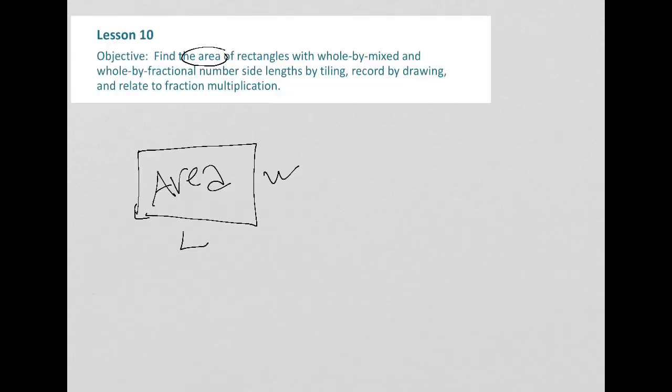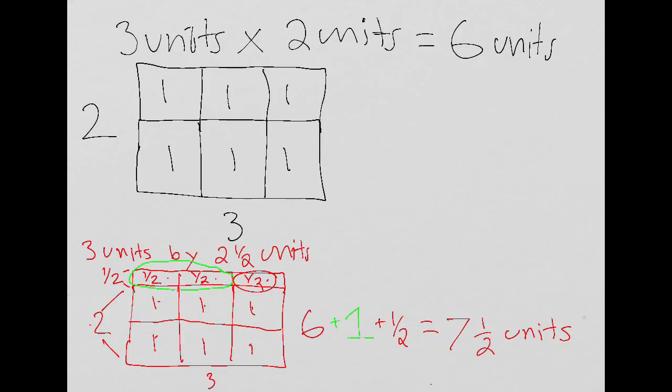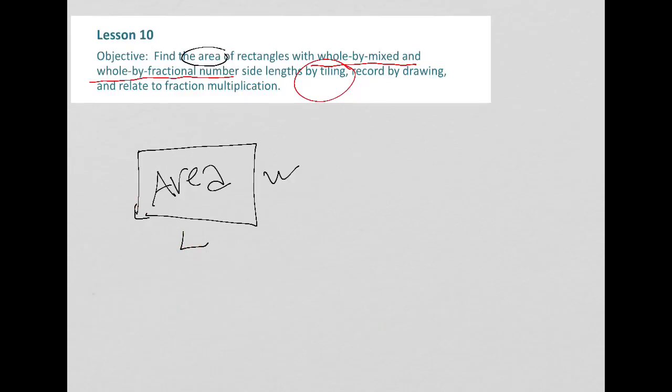And that's kind of our goal today, is finding the area of rectangles with whole by mixed and whole by fraction using tiling, right? Tiling, that idea where we're breaking it apart to represent individual pieces. So hopefully that makes a little bit of sense today, and you're ready to try it on your own.